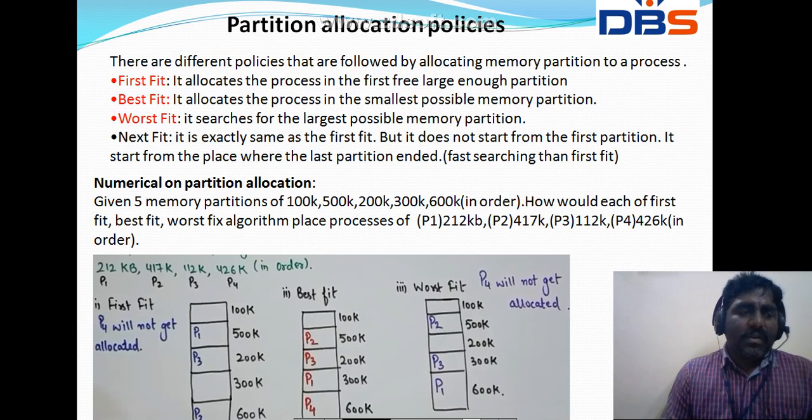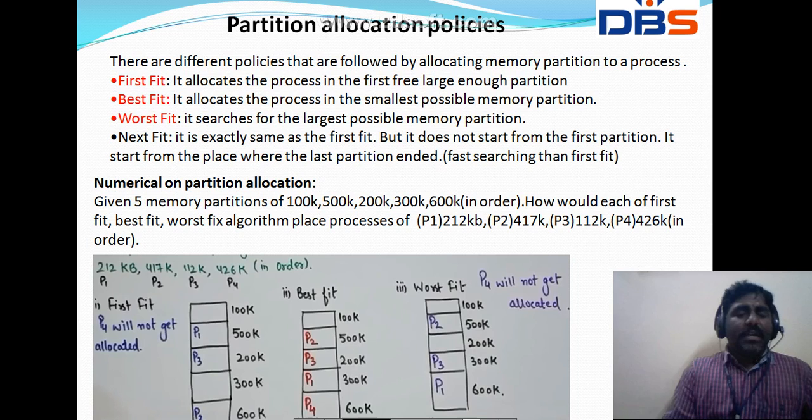Then these are the allocation policies: first fit, best fit, worst fit. We have seen this example of how we are going to allocate different processes to different memory partitions.